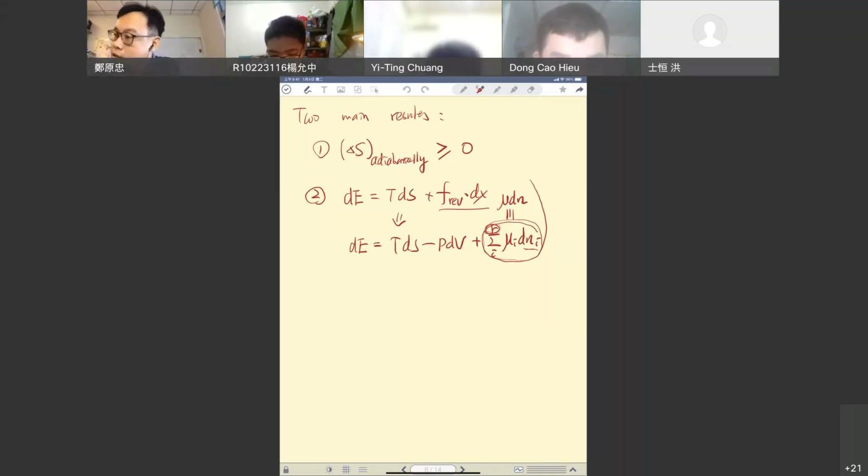And recall this is derived for reversible changes, meaning it's for equilibrium states. Okay, so those are the two main results we obtained so far. And later on, we will focus on the consequences of these two main results.